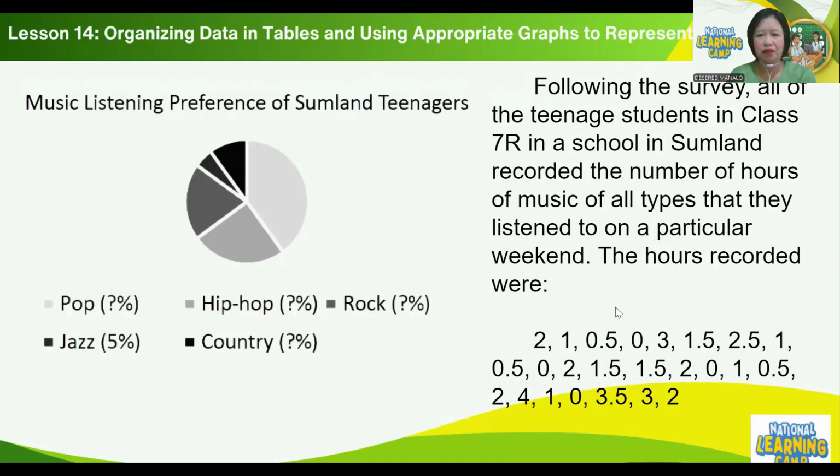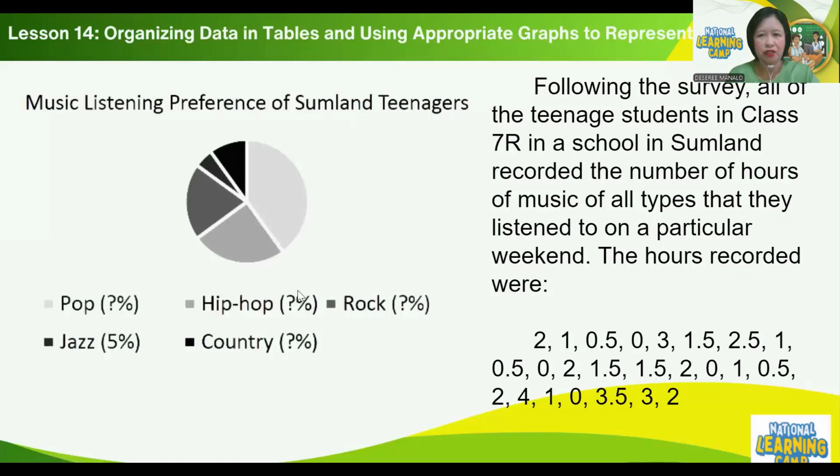The hours recorded were 2, 1, 0.5 or 1 half, 0, 3, 1.5, 2.5, 1, 0.5, 0, 2, 1.5, 1.5, 2, 0, 1, 0.5, 2, 4, 1, 0, 3.5, 3, 2. Remember those 0.5 meaning 1 half.